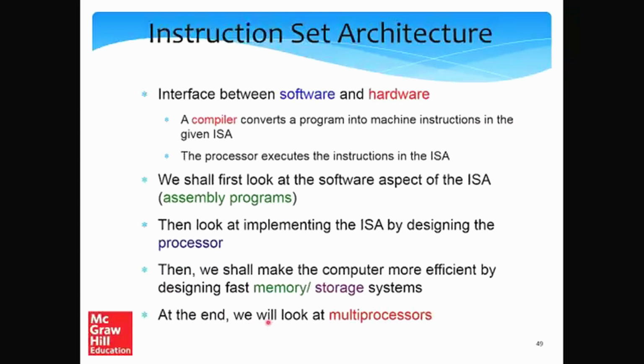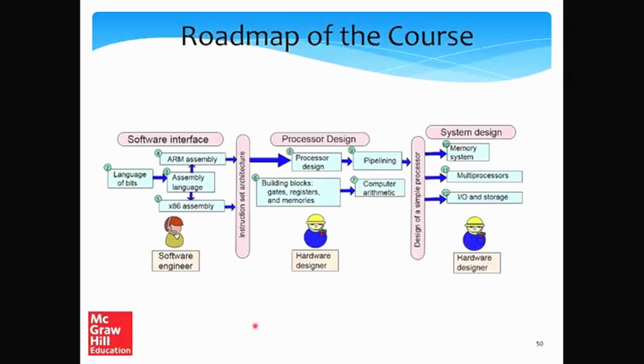And in chapter 11, one chapter before the end, we'll also look at the interesting field of multiprocessors, where multiple processors are used to achieve a common objective or goal. We will look at all of that during the course of this book.